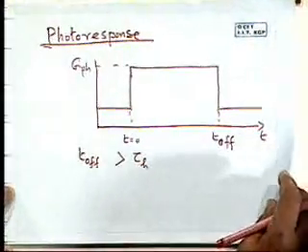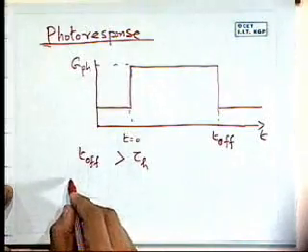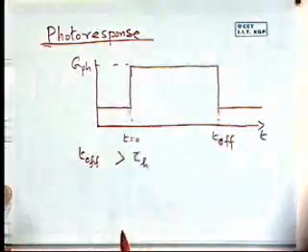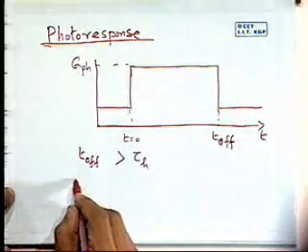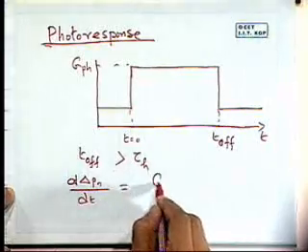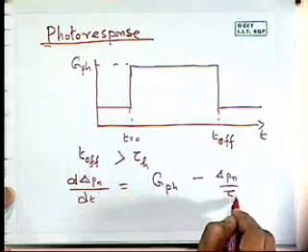Now what we do is to make use of this equation that we just had to see how the rate of rise of the minority carriers will be. What we just had was d delta Pn by dt is equal to Gph minus delta Pn by tau h.